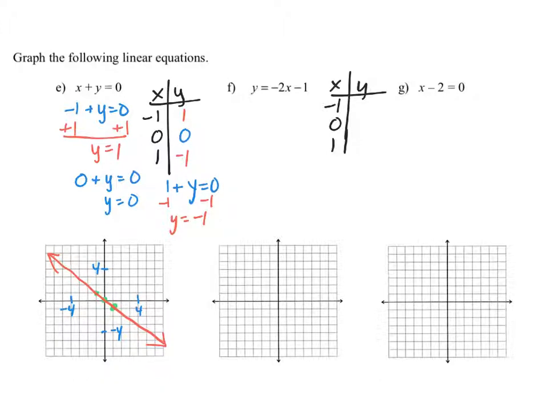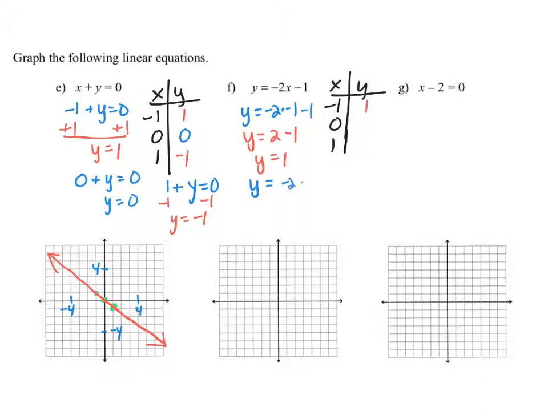Let's replace the x in the original equation with -1: -2 times -1 minus 1. By simplifying this, we get y is equal to +2 minus 1, or y is equal to 1.